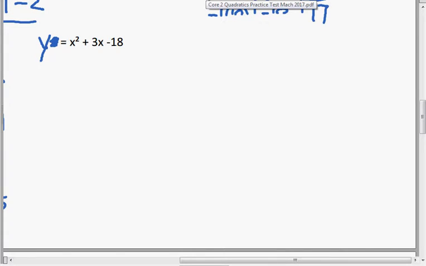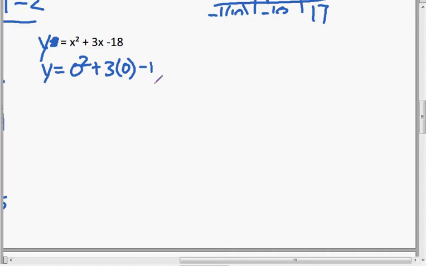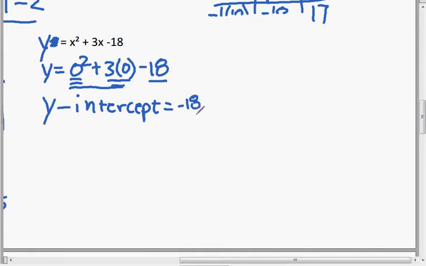Now that you're back, you've worked on the problem, hopefully this is what you found. First of all, to find the y-intercept, you make x 0. 0 squared is 0. 3 times 0 is 0. 0 plus 0 is 0. 0 minus 18 gives me -18. So I say y-intercept equals -18.